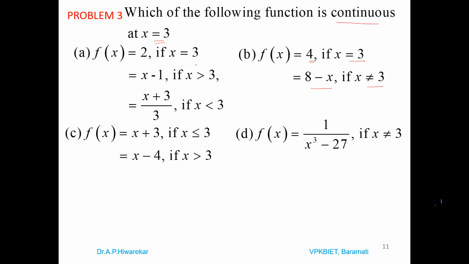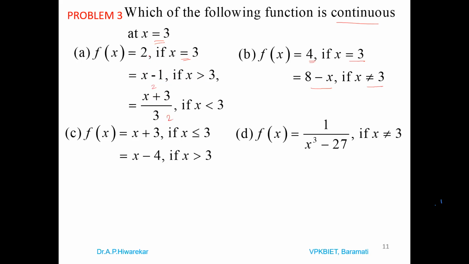You can easily observe out of this very quickly, f(x) is 2 when x is 3, and it is x minus 1. When you substitute x as 3, you will get 2 here also. Here also you put x as 3, you will get 3 plus 3, 6 divided by 3, that gives 2.